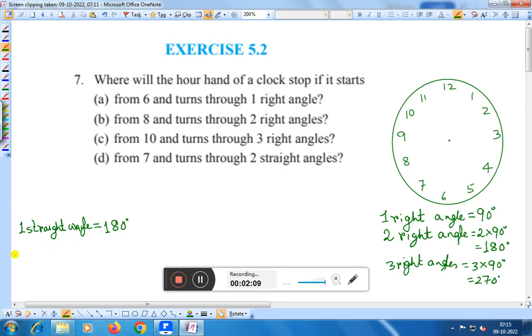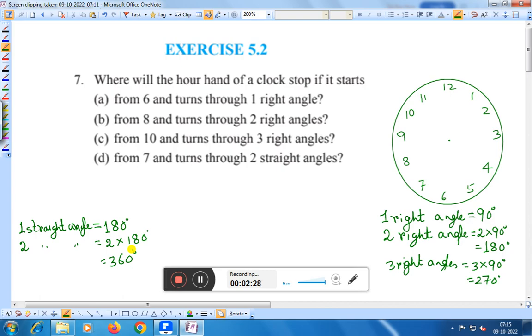Therefore two straight angles is equal to 2 into 180 degree is equal to 360 degree. These are the informations we needed, right?